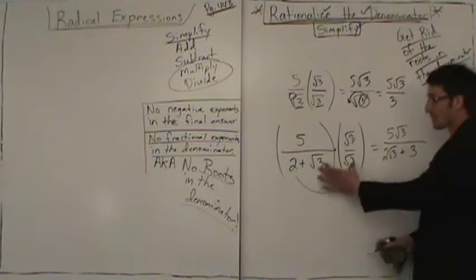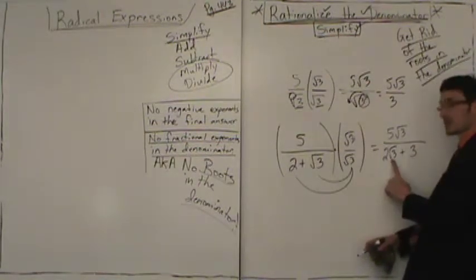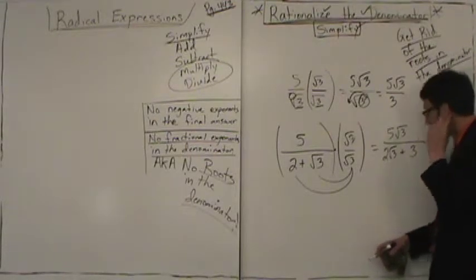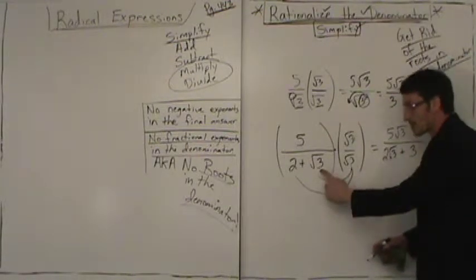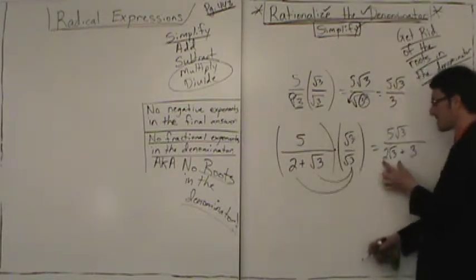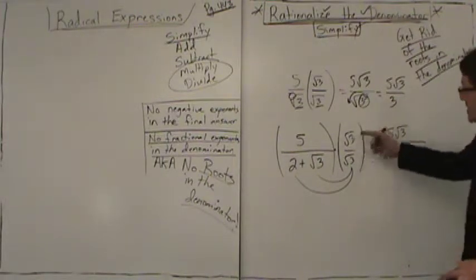So we get rid of the root here, but what happens? We create another root on the other side of the addition. So this process does not work. We got rid of one root, but in doing so, we created another root on the other side of the addition. So this process of multiplying by root 3 is not going to work.